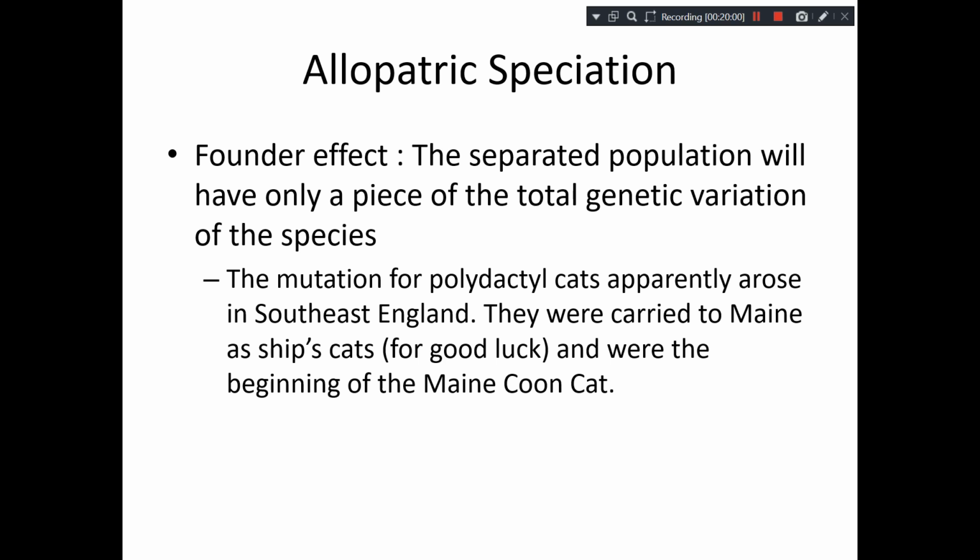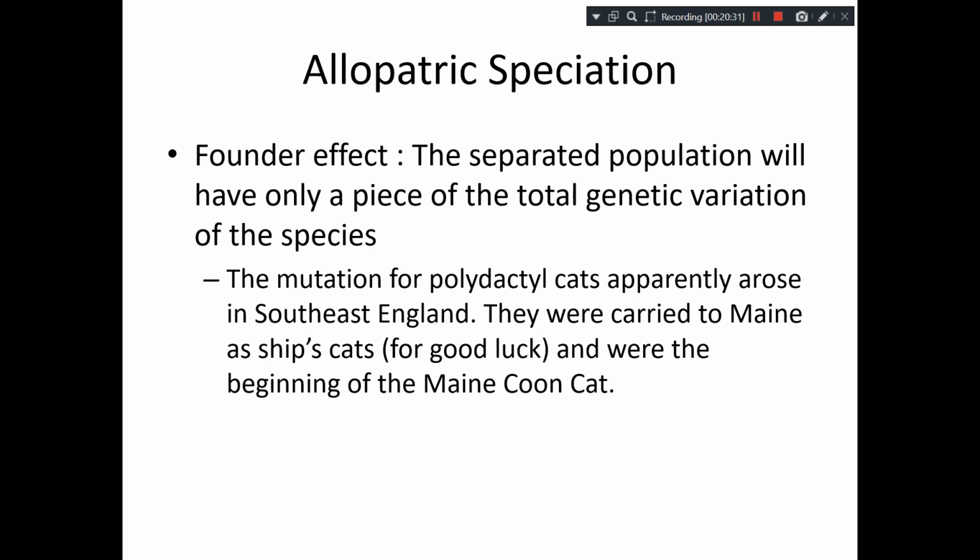The mainland variations will be much more, but the separated population will have a small share of the total genetic variations of the species. So genetical divergence in the founders is very less compared to the mainlanders.